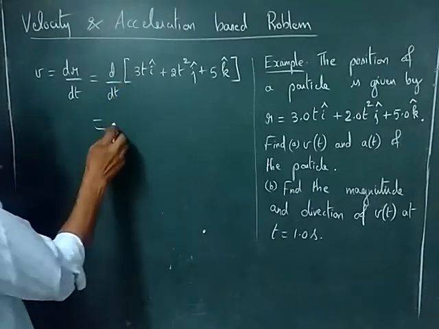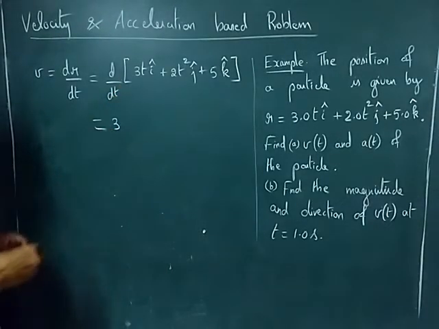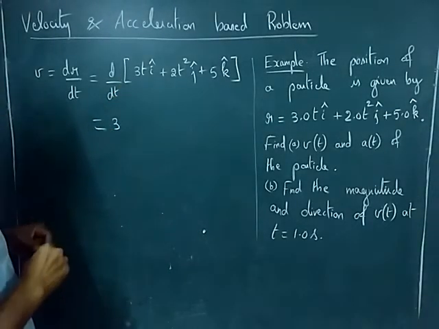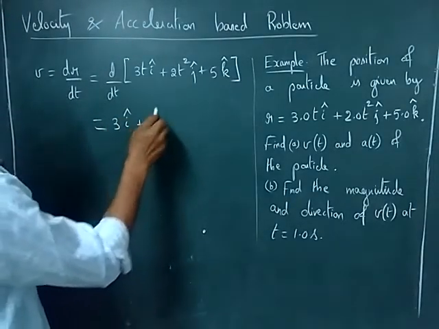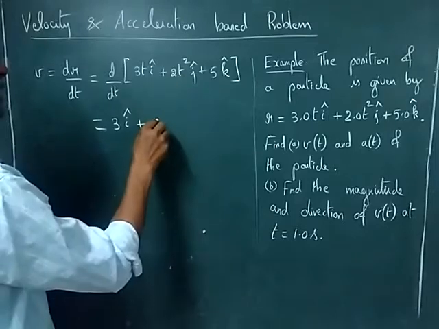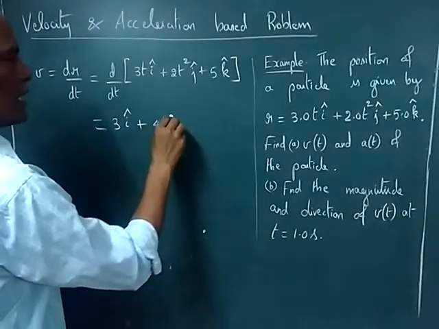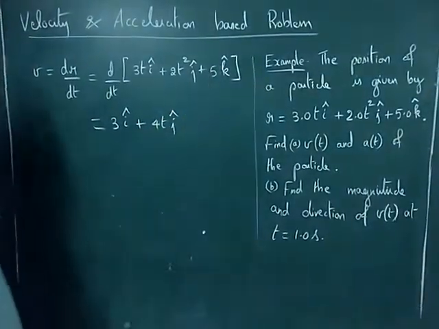So first differentiation, 3 is constant, differentiation of t is 1, therefore 3 i cap. Differentiation of this term 2 into 2 is 4t j cap, differentiation of a constant is 0.